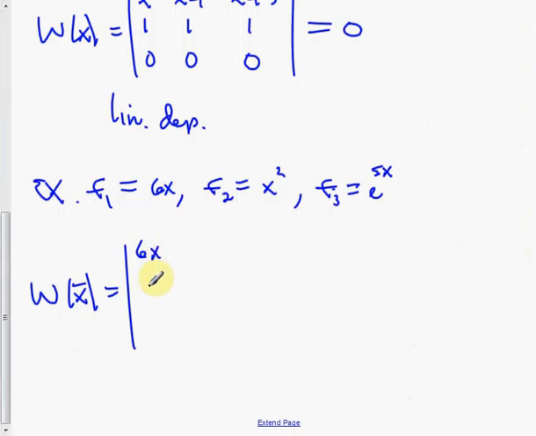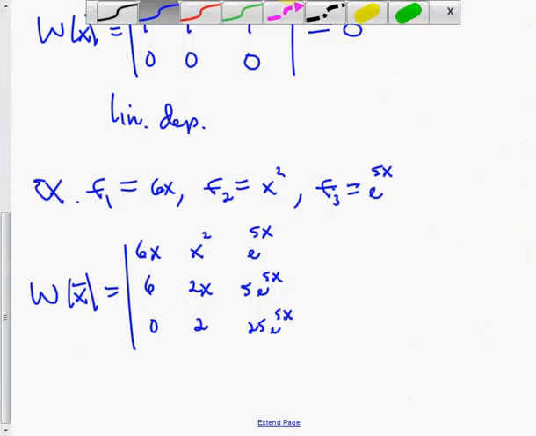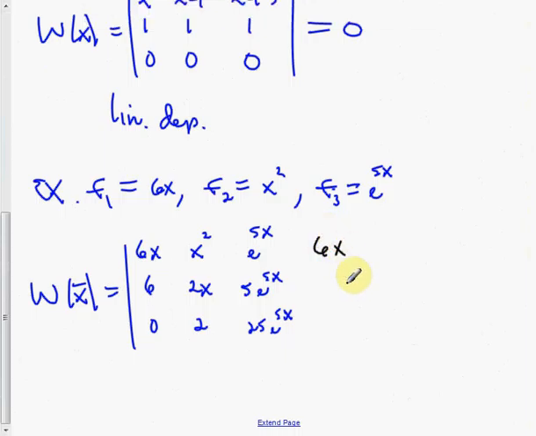So this is 6x, 6, 0. This is x squared, 2x, and 2. This is e to the 5x, 5e to the 5x, 25e to the 5x.